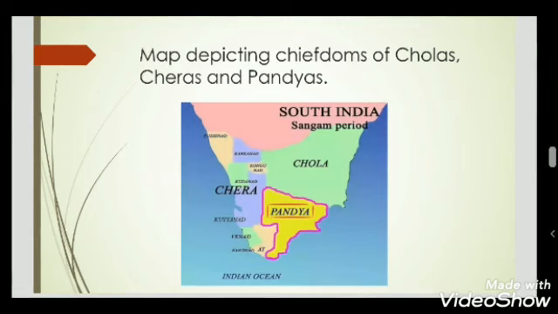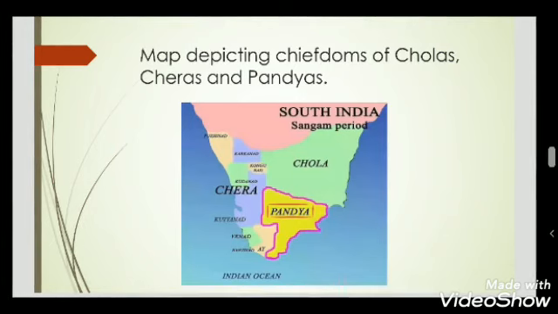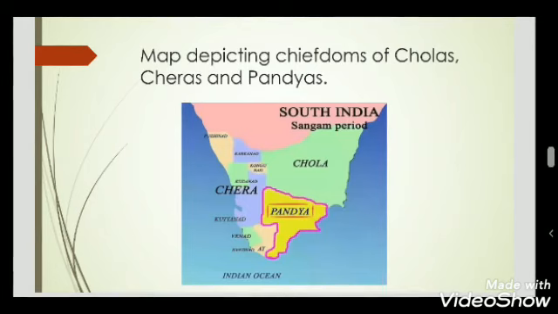When you are producing craft and textile, obviously the next logical step is to start trading. So they had inter-regional trade. South India already had inter-regional trade in place. With this inter-regional trade coming into play, you had urbanization coming up.